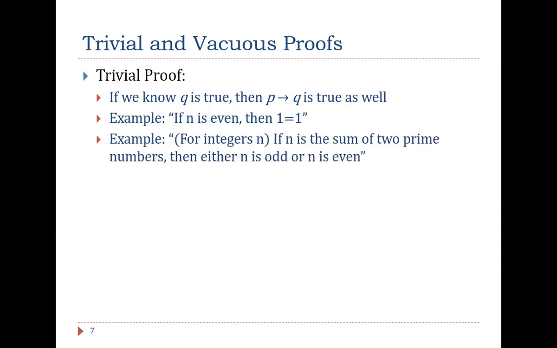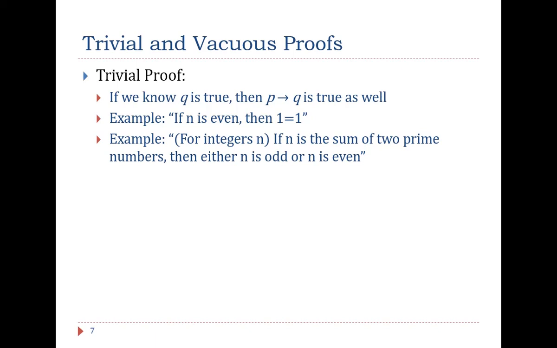Another example that seems a bit more credible: for integers n, if n is the sum of two prime numbers, then either n is odd or n is even. It seems appealing at first sight to be proved or adopted as a theorem, but actually you don't even need to bother to prove it, because it's by default always true, regardless of the premise, the hypothesis of your theorem.